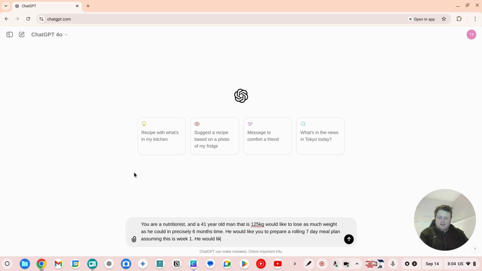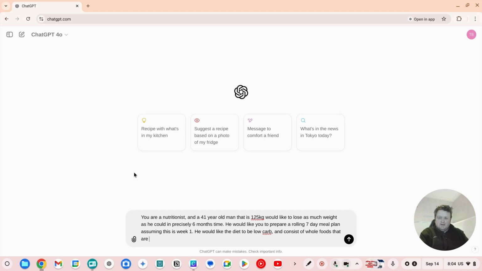He would like the diet to be low carb and consist of whole foods that are easy to prepare and cook. He does not want food that is complex to prepare.